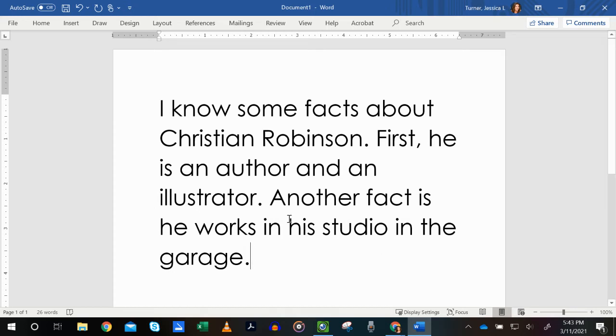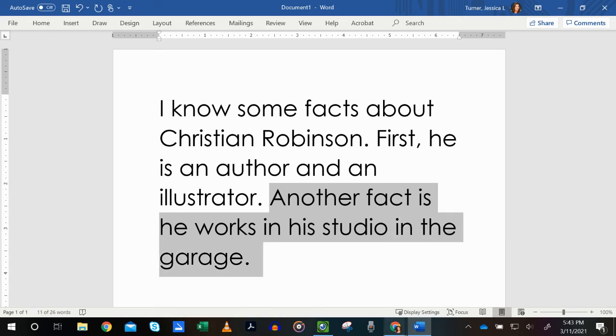And go back and make sure that made sense. Another fact is he works in his studio in the garage.